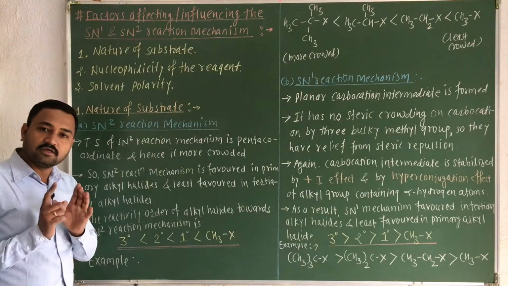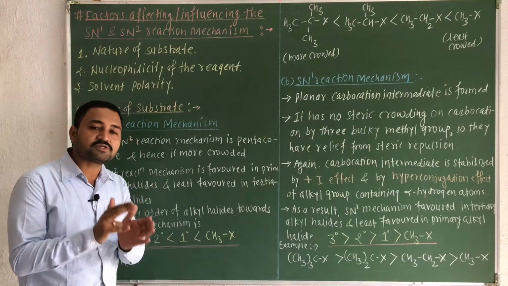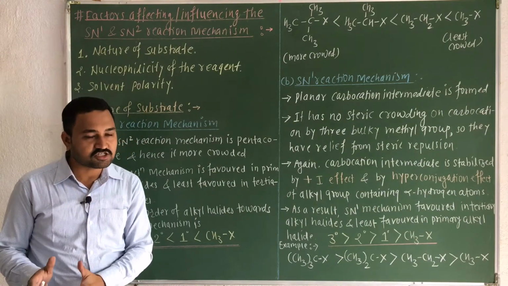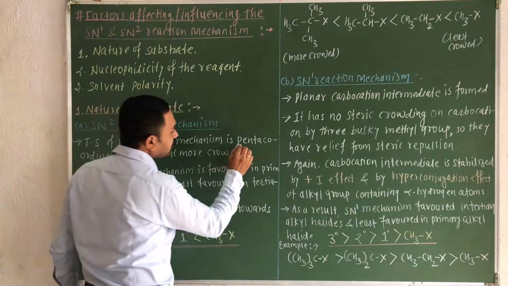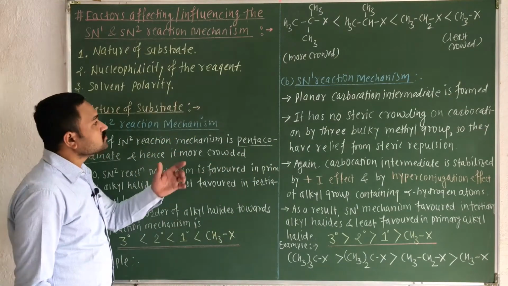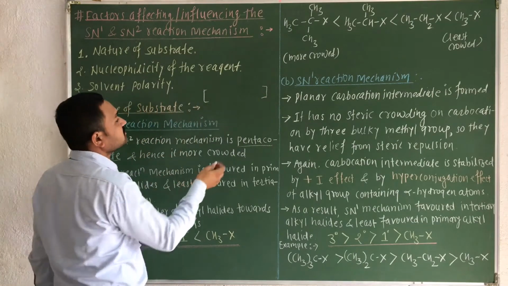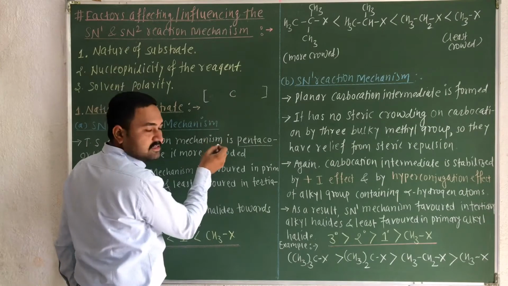We know that in the SN2 reaction mechanism, there is a formation of a transition state with a penta-coordinated carbon atom. You already studied about this. We have shown this penta-coordinated state with carbon at the center.